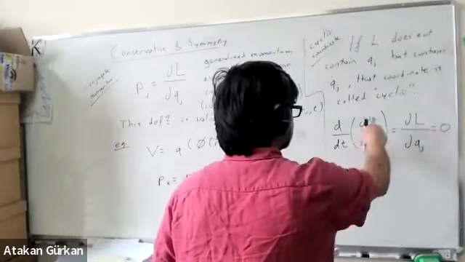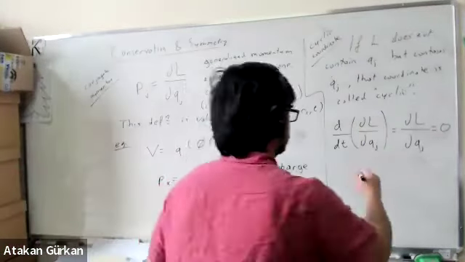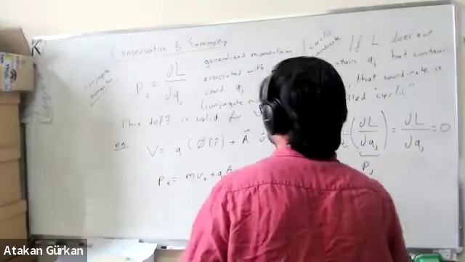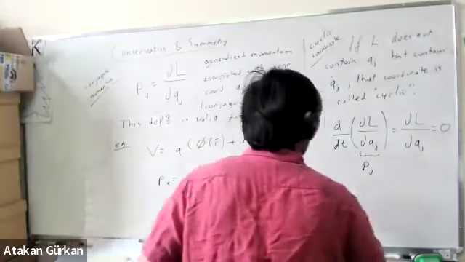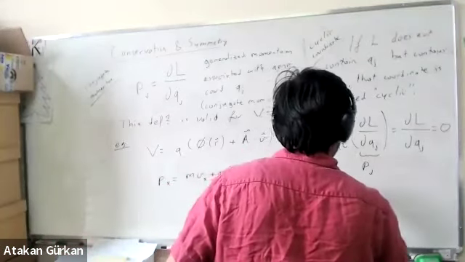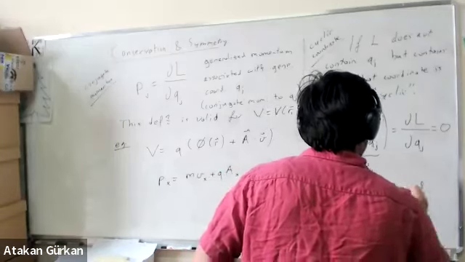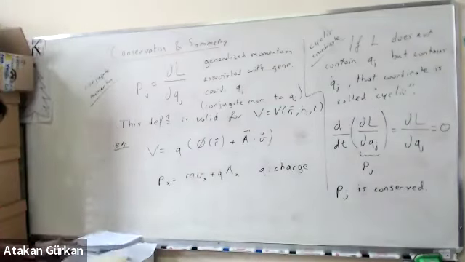Well, if the time derivative of a quantity is 0, now remember, this is just Pj, our conjugate momentum that we defined over here, and Pj is conserved. The conjugate momentum is conserved. For a cyclic coordinate, the corresponding Pj is conserved.